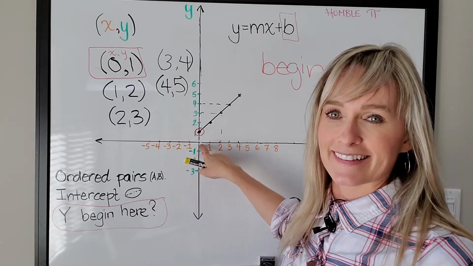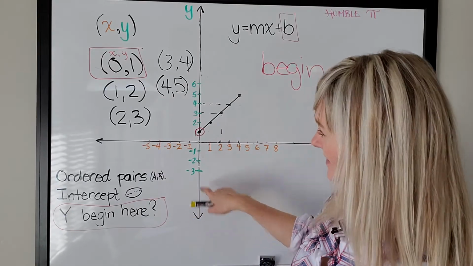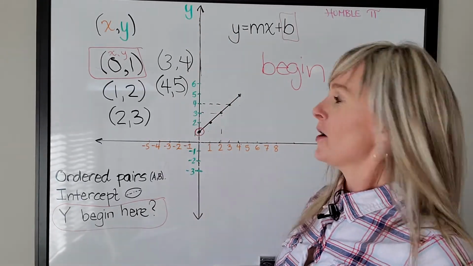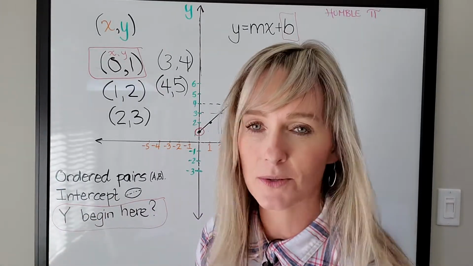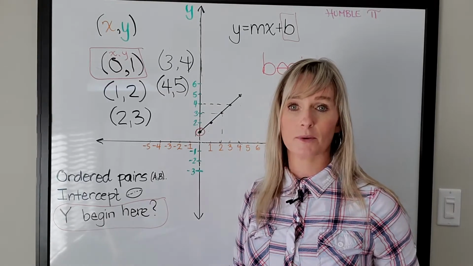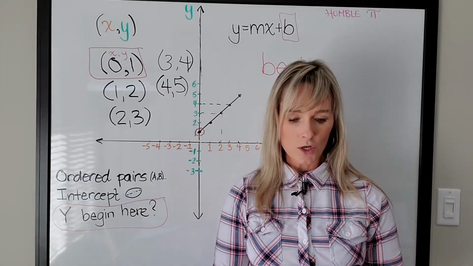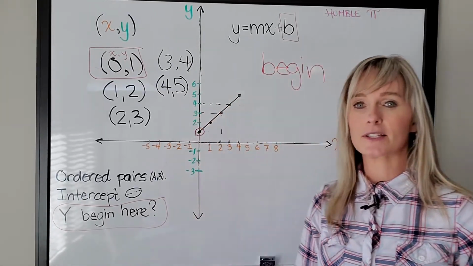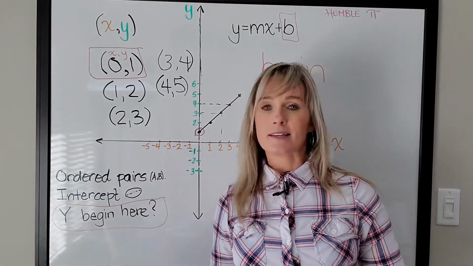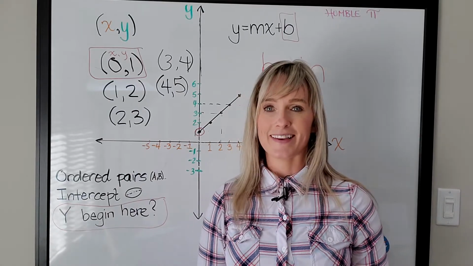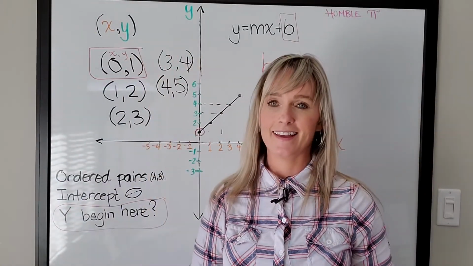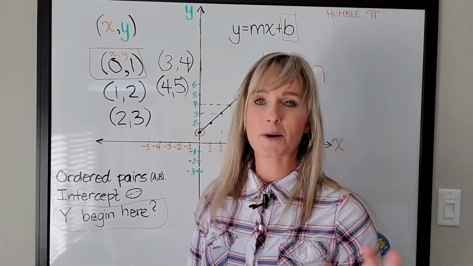Actually, that's a mistake. X is also 0 here, here, here, here, here, anywhere on the y-axis. X is 0. Okay, so what do we call that? Because we always like to use names in math to help us remember things and be able to communicate with other people about what we're talking about. So, if you can imagine this ball, and my dog likes to catch a ball. So if I go like this and he jumps in right there, what do we call that?